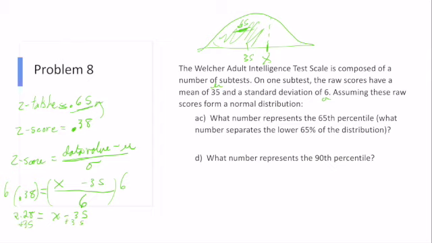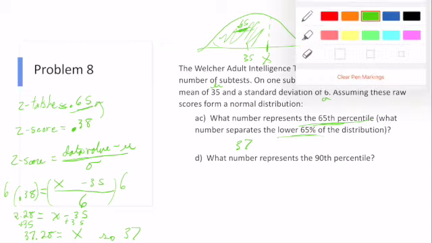That gives me 37.28 equals x. So 37 represents the 65th percentile. 37 is the score that separates the lower 65% of the distribution.